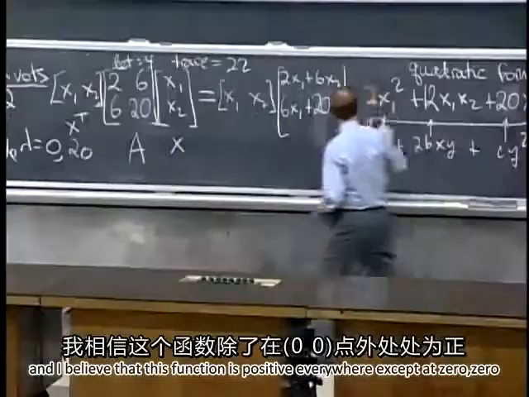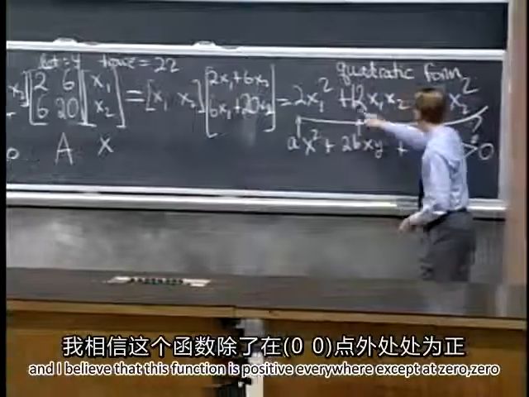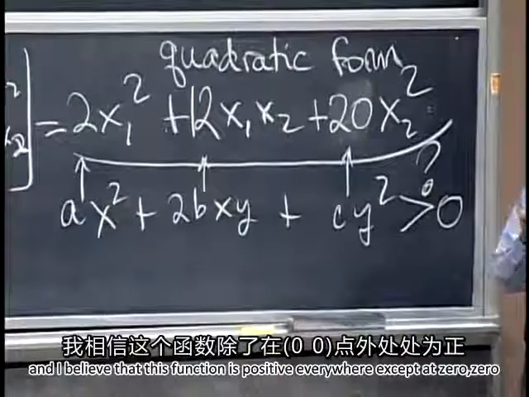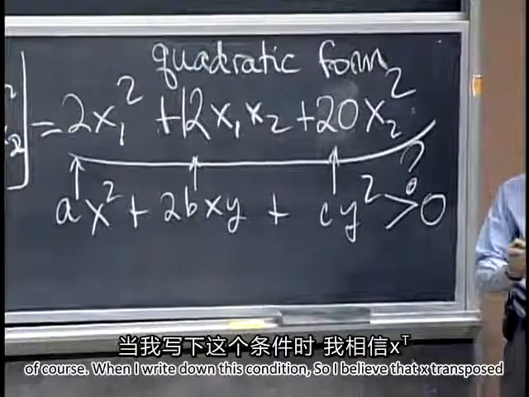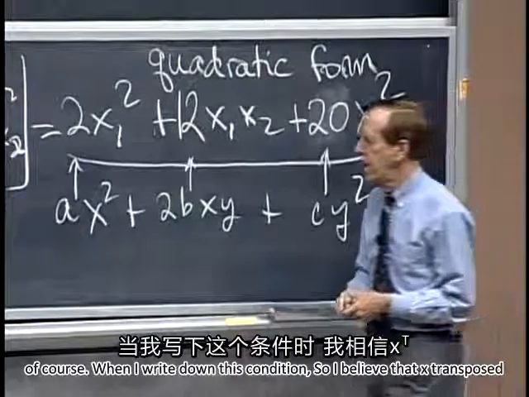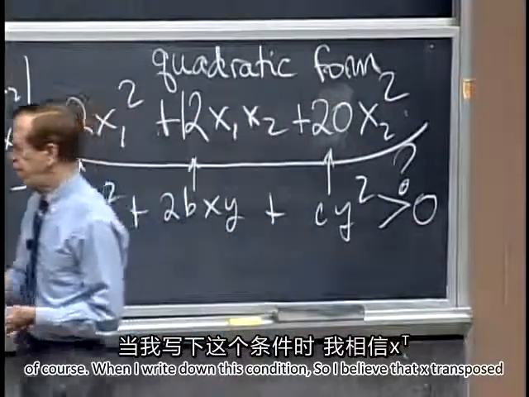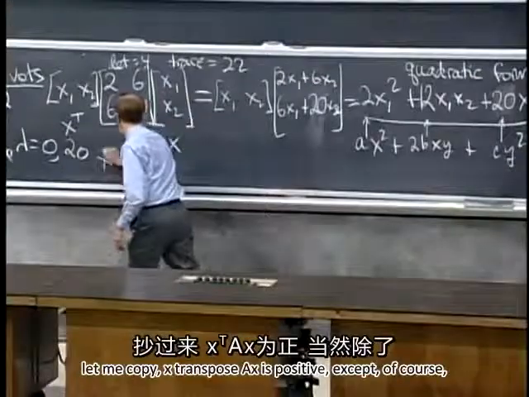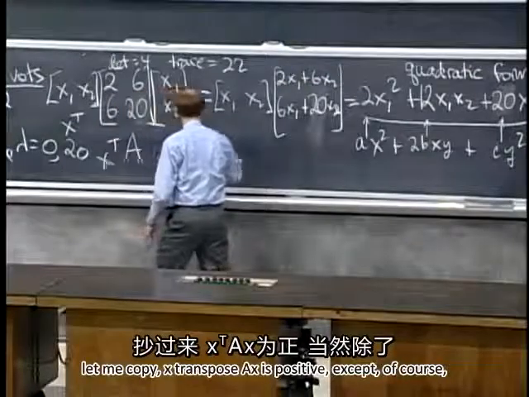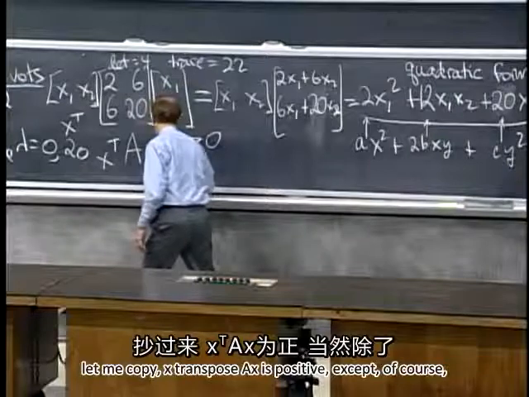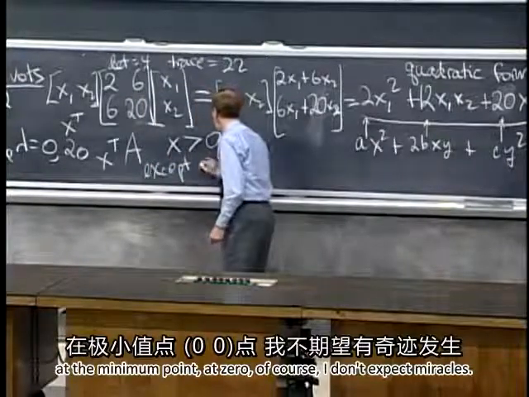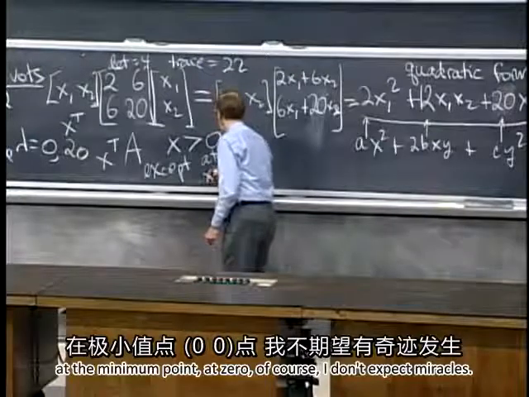And I believe that this function is positive everywhere except at 0, 0, of course. So I believe that X transpose AX is positive except, of course, at the minimum point at the 0 vector.